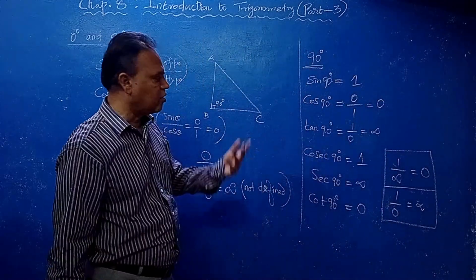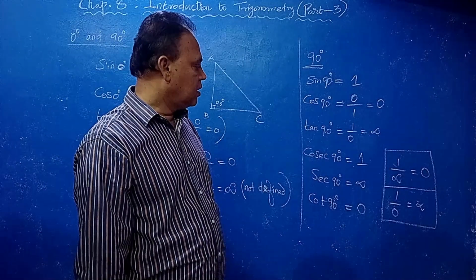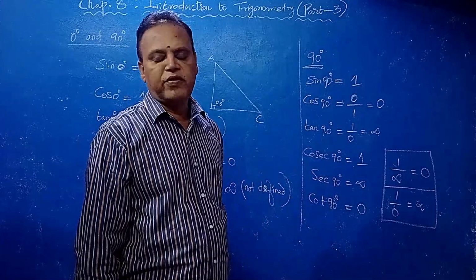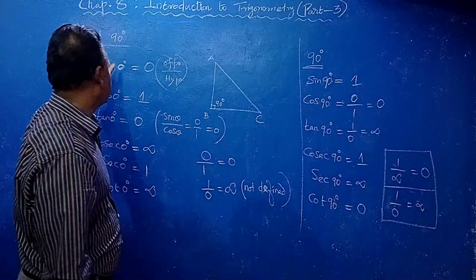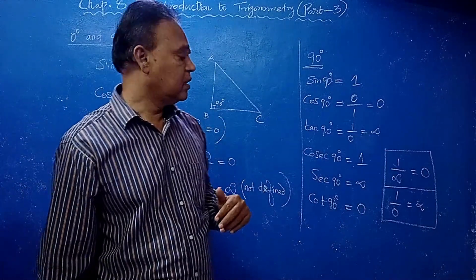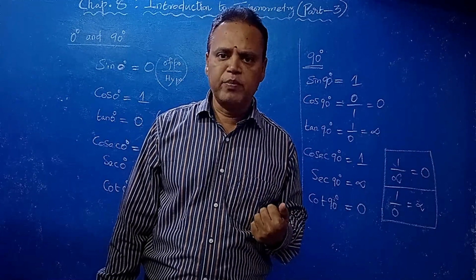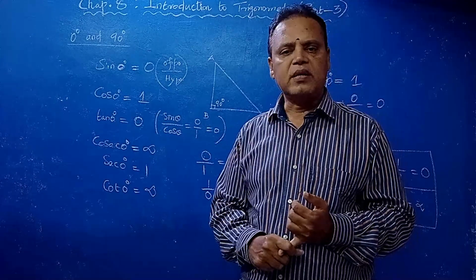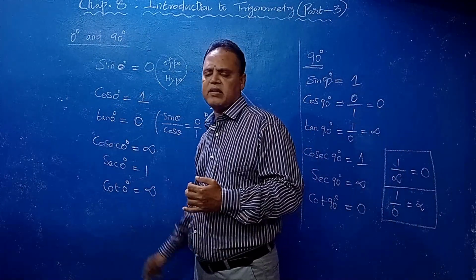Any value by infinity is 0. Any value by 0 is infinity. Understand, like this also you have to do. So this is very important. That is fundamental. Easily you can remember while doing practice.